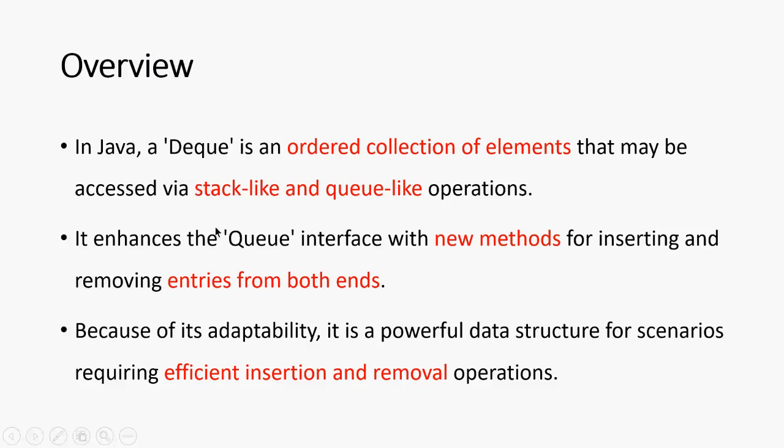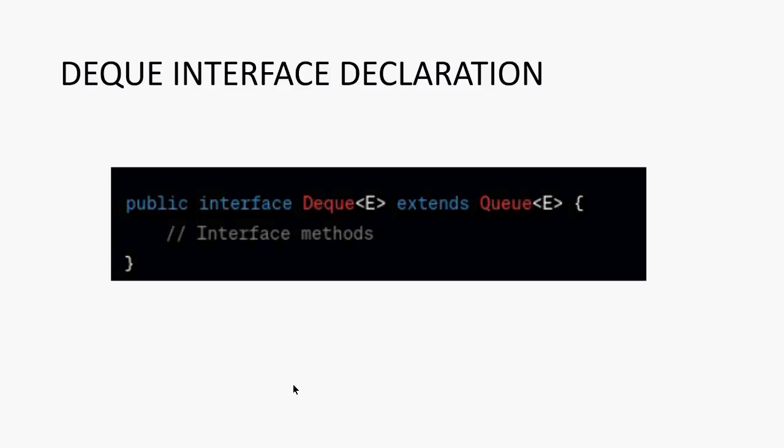So in a shorter gist, a Deque interface has some new methods apart from the stack as well as queue data structure. It has some new methods for inserting and removing entries from both the ends, front and rear. So this is mainly used for efficient insertion and removal operations. When we want to use the Deque interface, you need to declare it properly.